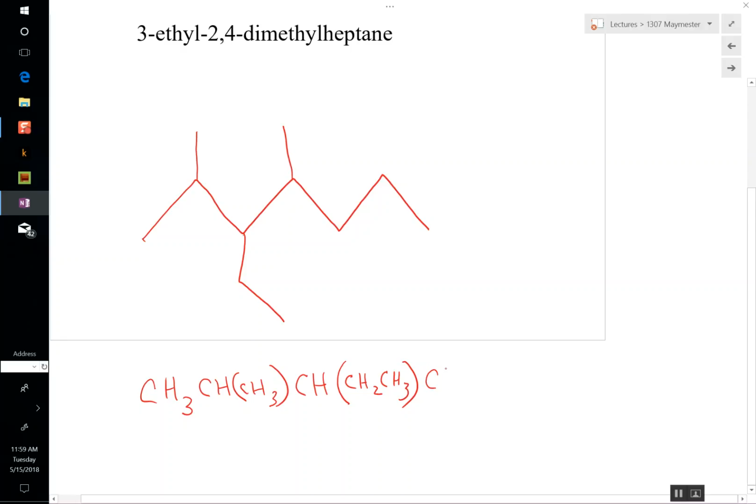Yeah, CH, then what? Parentheses? That's where we're at. We're on the 4th carbon right there. There's a methyl group. There's 7 carbons, so that's 4, 5, 6, and then what? What's the 7th carbon going to look like? CH3. So on the other end, there's the condensed formula.